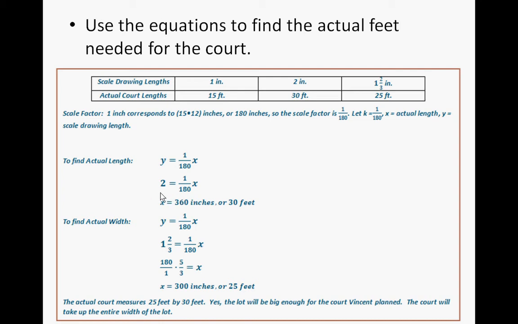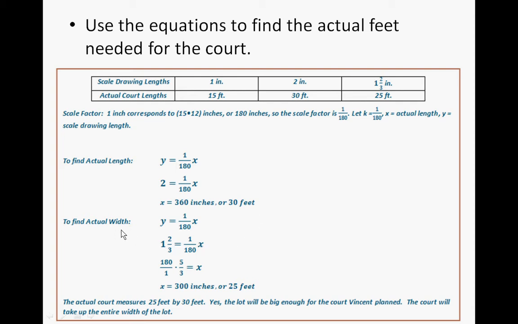So this is really 2 divided by 1/180th. Well, when you do that, what you're actually doing is 2 times 180, and that's how they get 360 inches. And because we measure the actual length in feet, we're going to convert 360 inches back to 30 feet.